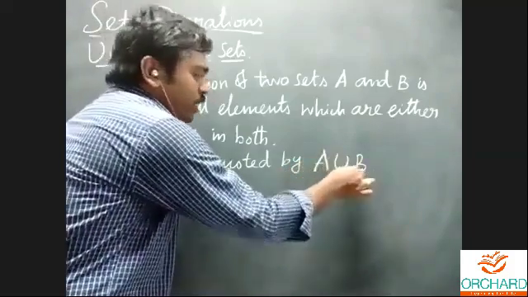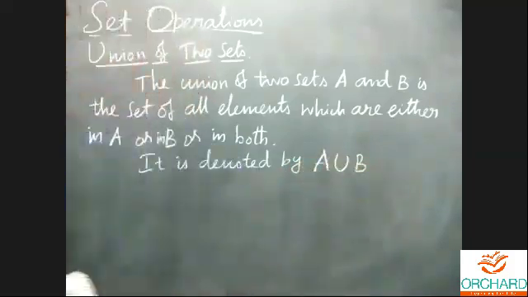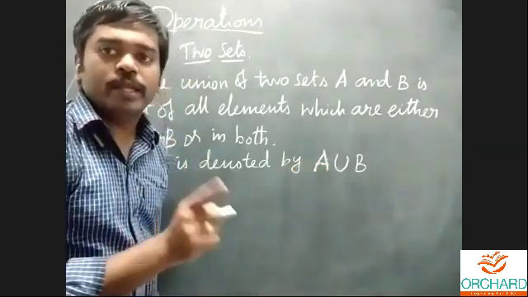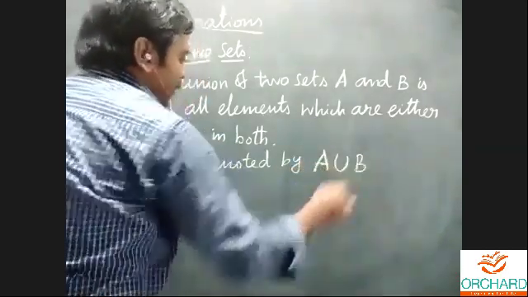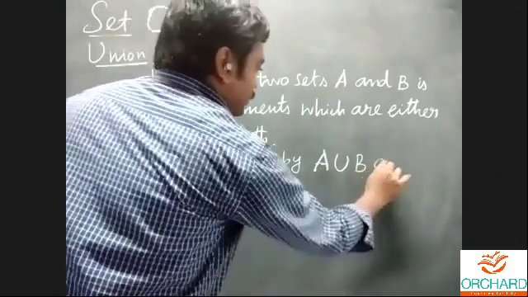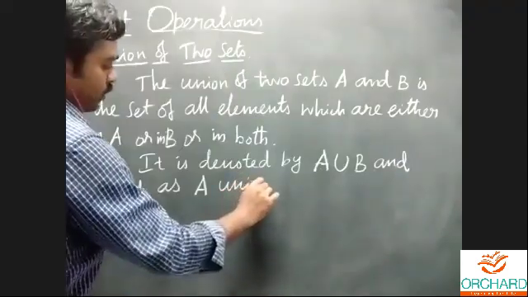A union B. Don't call it AUB. That is wrong. You can read it as A union B.